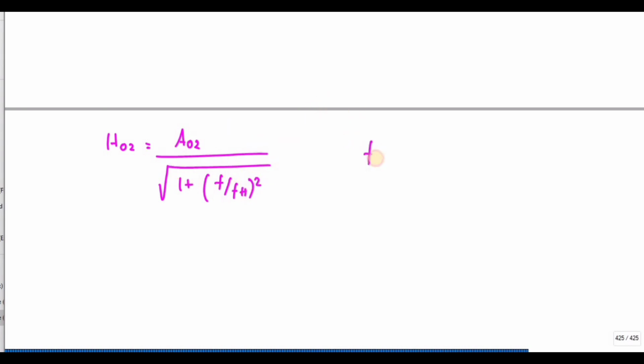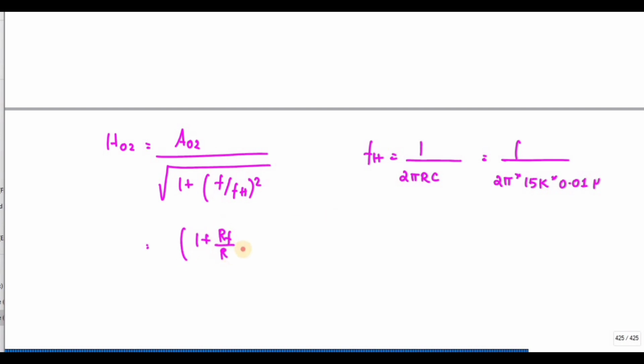This is 1 divided by 2 pi RC, where this R is 15K, into 0.01 microfarad. A naught of 2 is nothing but 1 plus RF divided by R1, divided by the root of 1 plus f divided by fH squared.